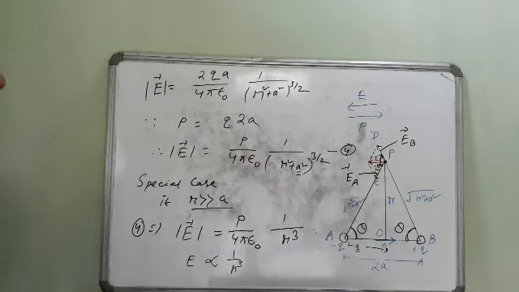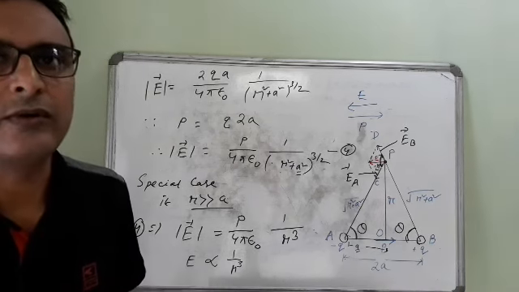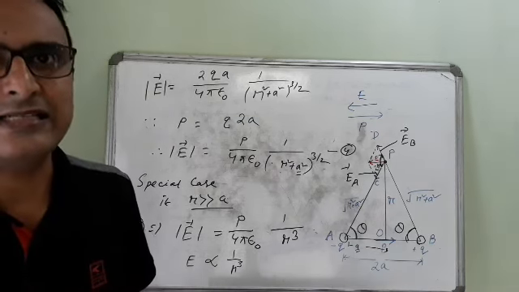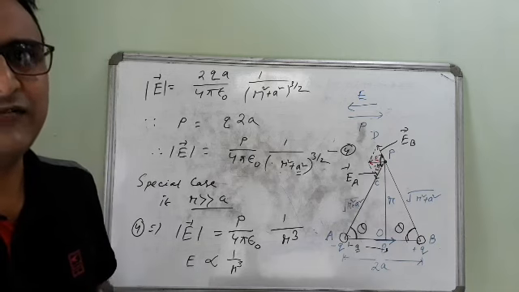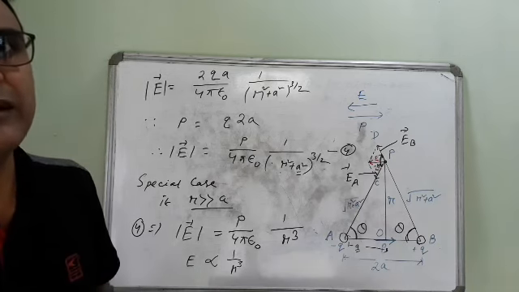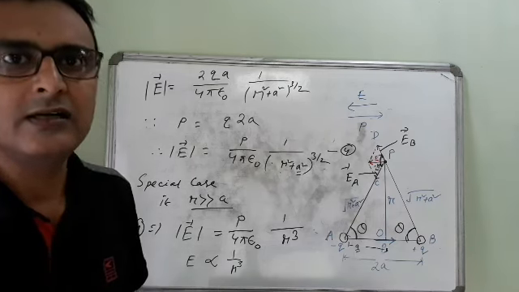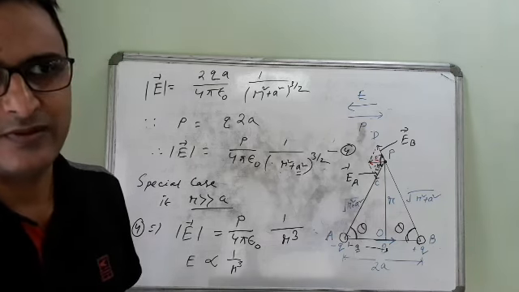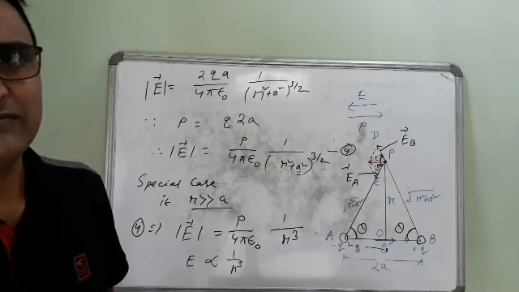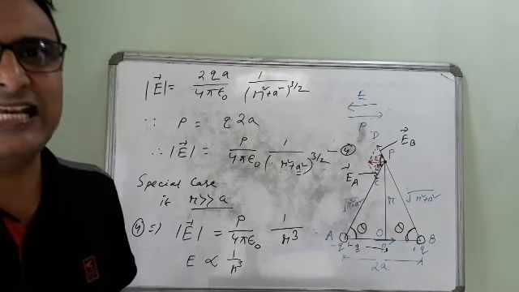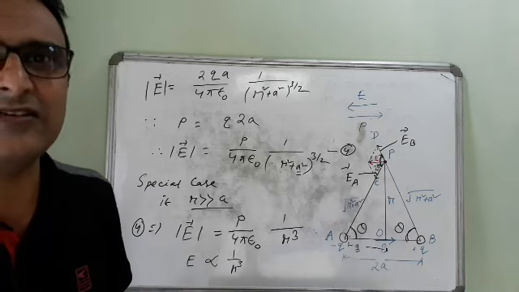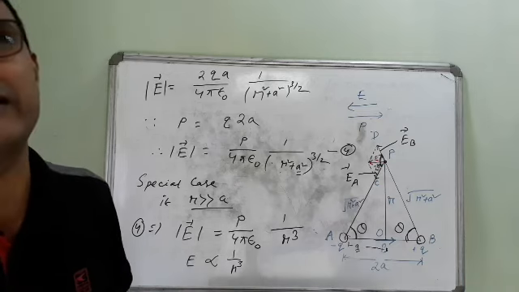So this is all about the electric field due to an electric dipole at an equatorial point. What is the difference of this with the previous one? Here the electric field is opposite to the dipole moment. In the previous case, in case of the electric field at an axial point of an electric dipole, the electric field lies in the same direction as the dipole moment.